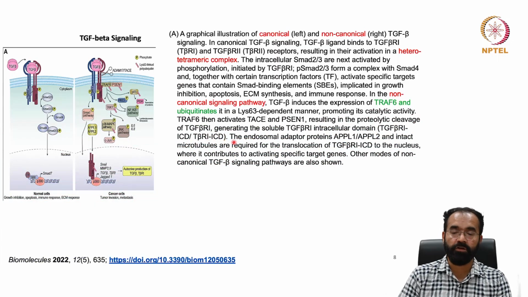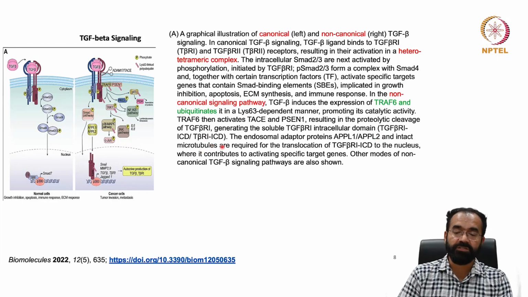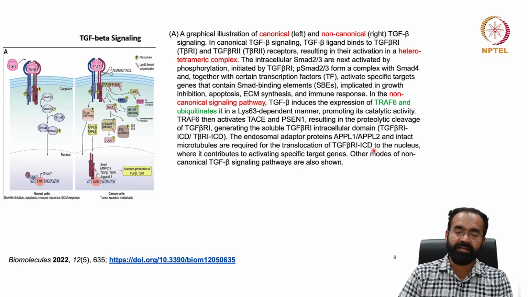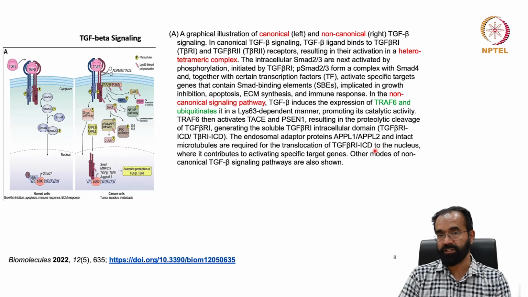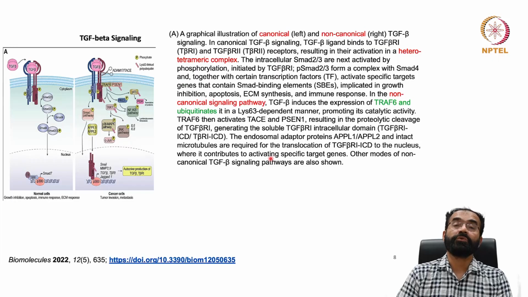ICD means intracellular domain. The endosomal adapter proteins APPL1 and APPL2 and also various microtubules are required for the translocation of this TGF-beta-R1 intracellular domain to the nucleus. The function of this intracellular domain is in the nucleus, where it contributes to the activation of specific target genes.